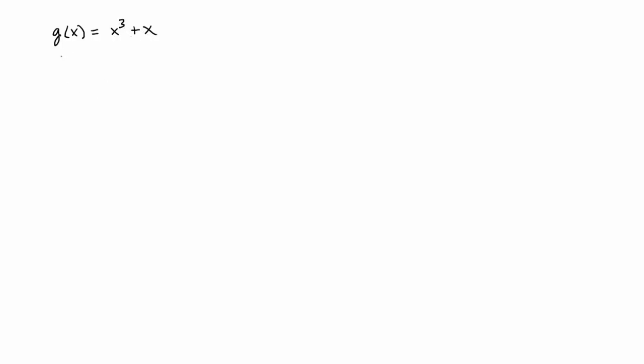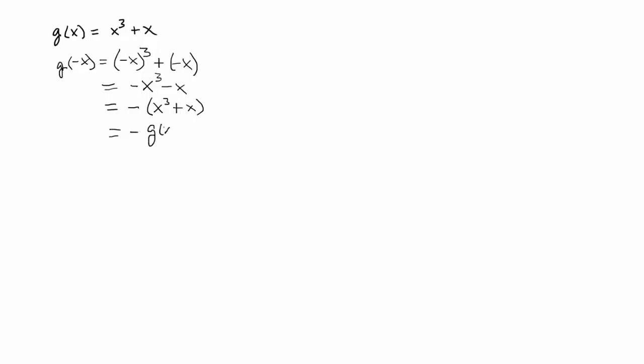So here if we plug negative x in, we have g of negative x is equal to negative x cubed plus negative x, which is equal to negative x cubed minus x, which you could also rewrite as negative x cubed plus x. Here we found that g of negative x is equal to negative g of x. So here we have an odd function.